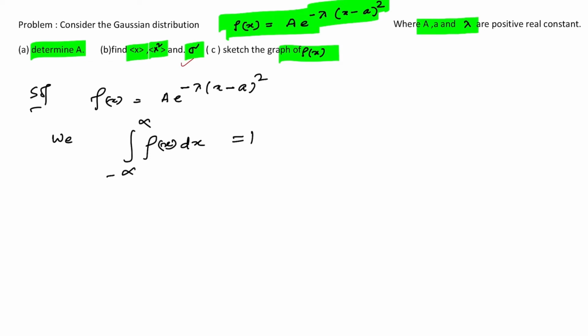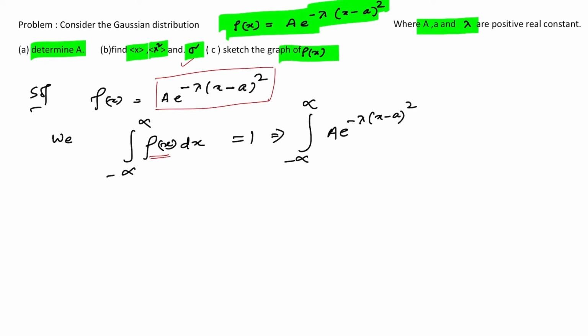Now here rho of x is this expression. Put it here and what you will get is, the integral from minus infinity to plus infinity of A e to the power minus lambda times x minus a whole squared dx is equal to 1 again. So A is a constant, you can write it this way: A times the integral from minus infinity to plus infinity of e to the power minus lambda times x minus a whole squared is equal to 1.